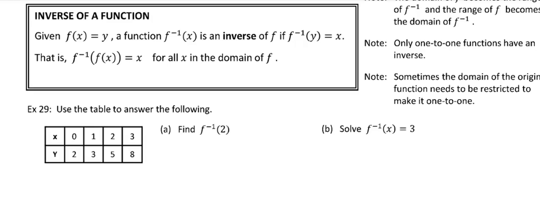Welcome back. We're going to look at some inverse function notation. When they ask us to find the value of an inverse at a specific point, I'm going to set it equal to a variable. For the sake of not confusing you, I don't want to get tied up between x's and y's.